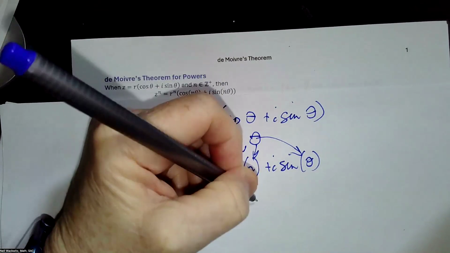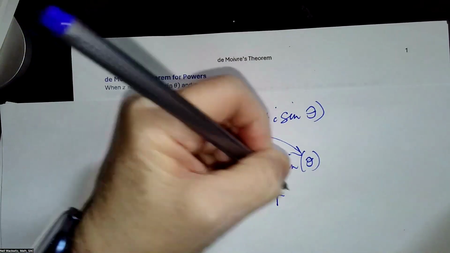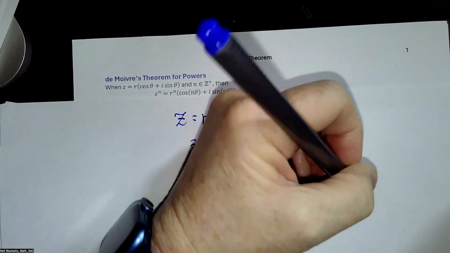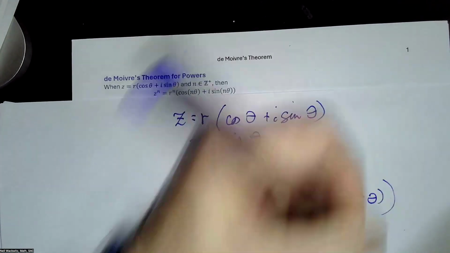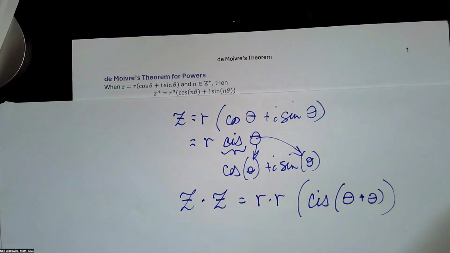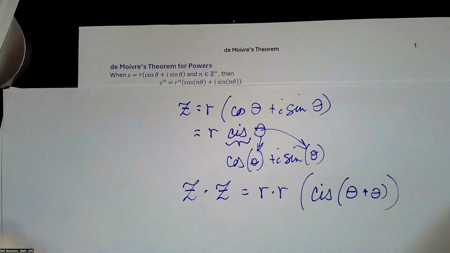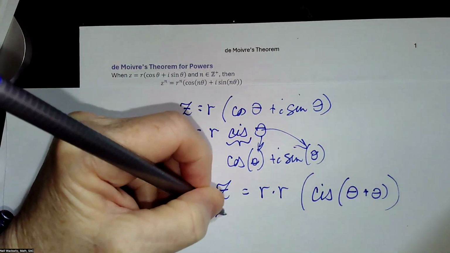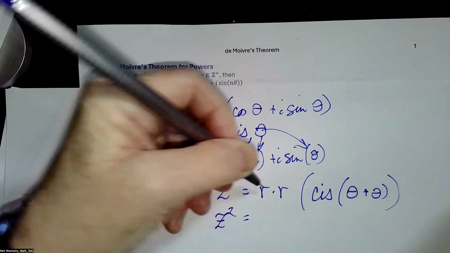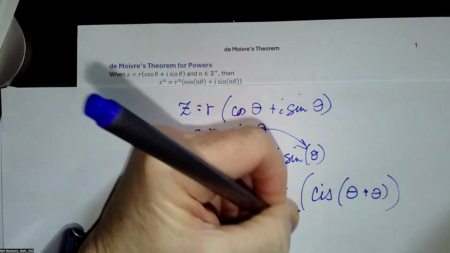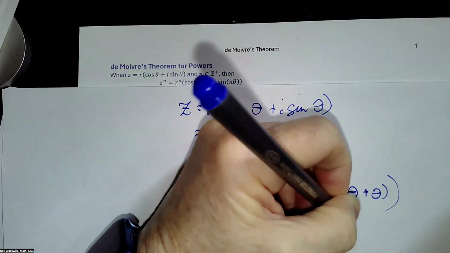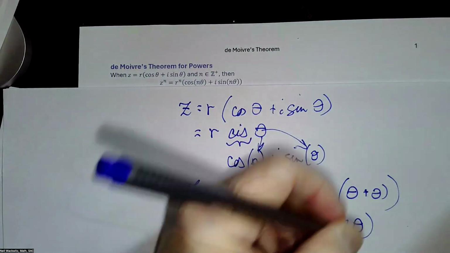So this should be r times r cis theta plus theta. And we can make this look nicer. z times z is z squared. r times r is r squared. And theta plus theta is 2 theta.